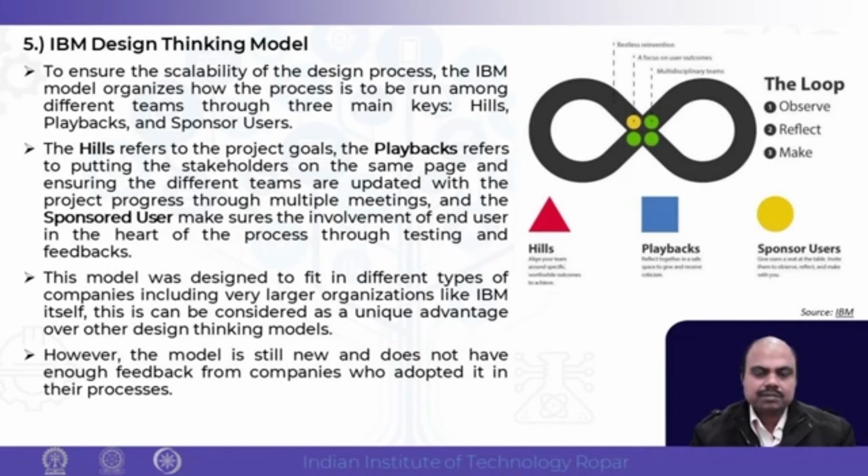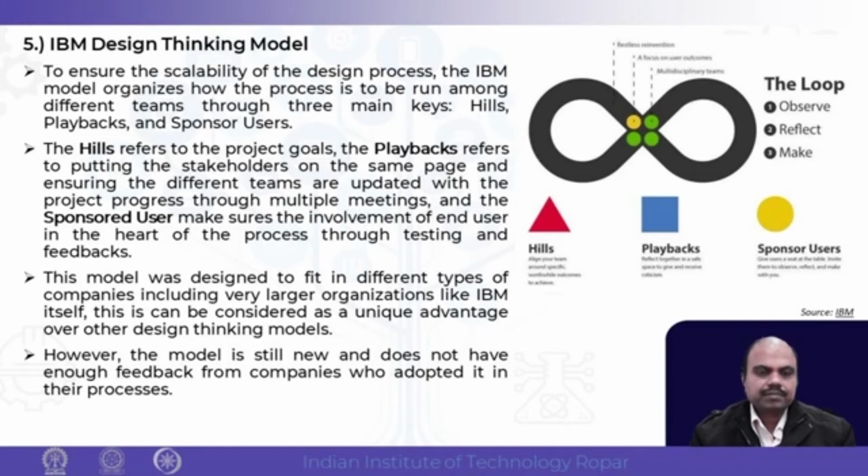The hill refers to the project goals, the playback refers to putting the stakeholders on the same page and ensuring the different teams are adapted with the project progress through multiple meetings. And the sponsor user makes sure of the involvement of the end user in the heart of the process through testing and feedback.